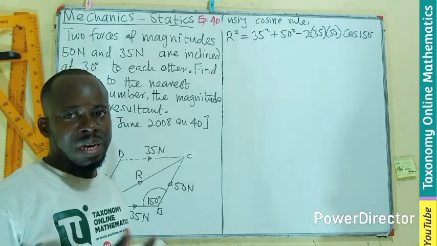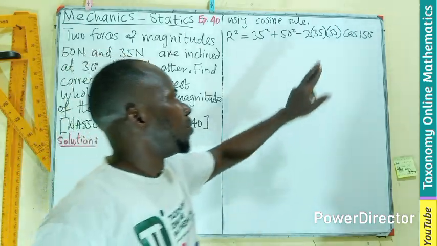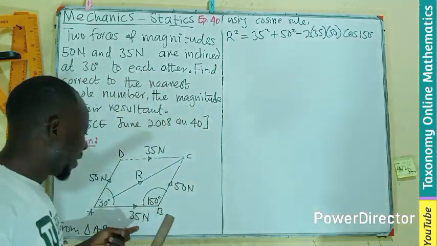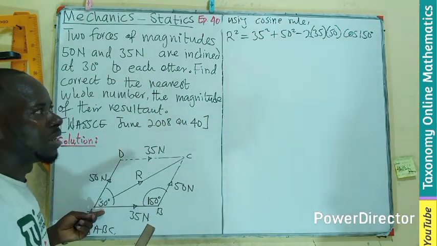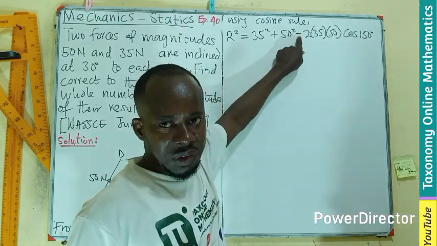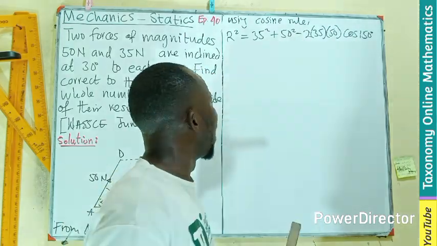Remember what we did? We can solve this two ways: maintaining the 150 the way it is, or remembering that the cos of 150 becomes the cos of 30 with a negative, so this becomes positive. There are two ways we can go about that.